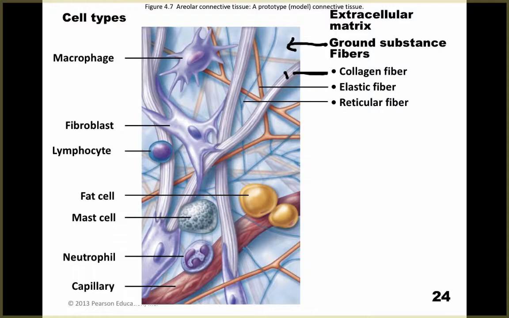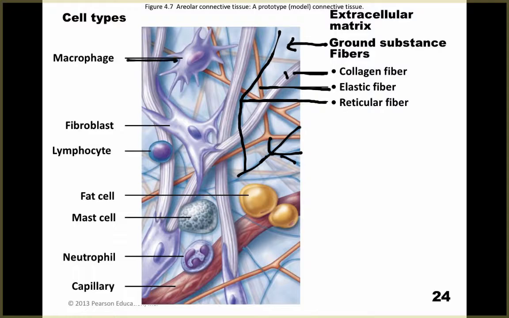That's going to be there for strength. You can see the elastin there, a little bit thinner than collagen, still for strength, but it allows for some give. And then the thinnest, but you'll notice here, look at it, it's very much branched all over the place. That's going to be there to help in basically bringing this network of fibers together. And then, of course, you can see all these different types of cells there.